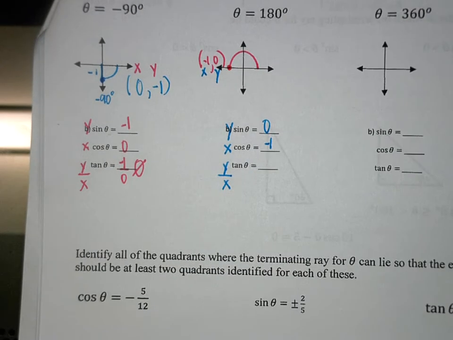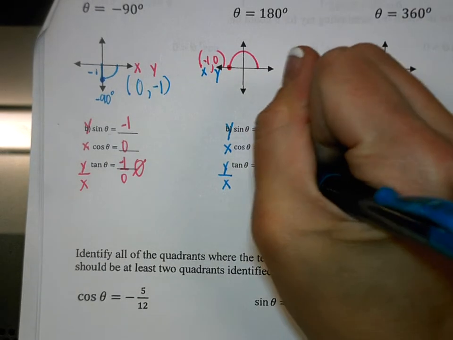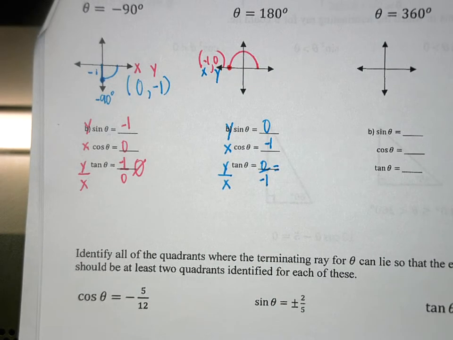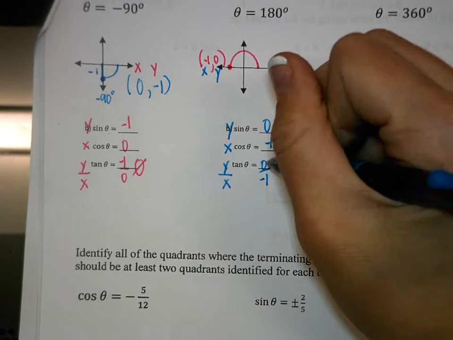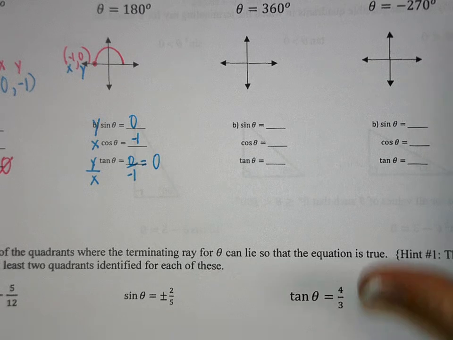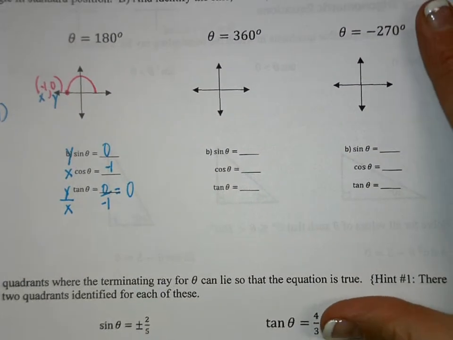And then y over x is 0 over negative 1, which is actually equal to 0. So if you have 0 on the top, it's just 0. 0 under is undefined. All right, any questions on that one? Okay, I'm going to give you about 30 seconds or so to try the next one on your own.